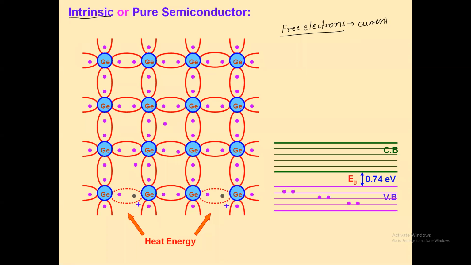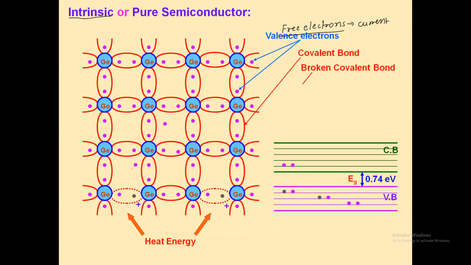So you can see that when heat energy is available, meaning the room temperature, electrons in the germanium atom in the valence band will jump into the conduction band, and when they jump into the conduction band, they become free electrons. Is it right? So these are the valence electrons.